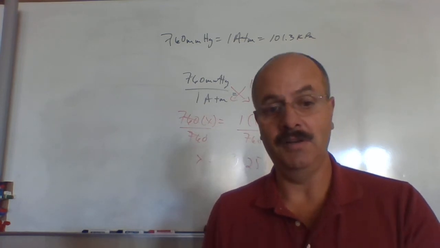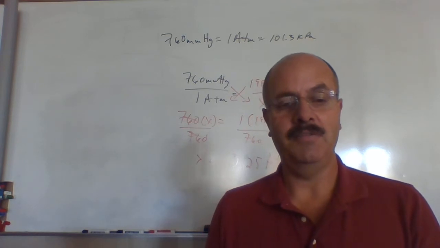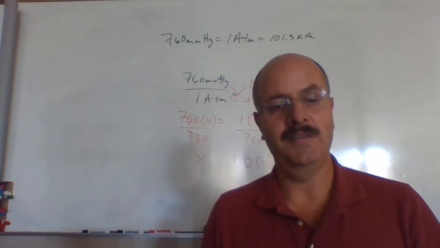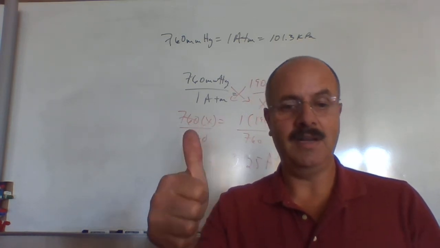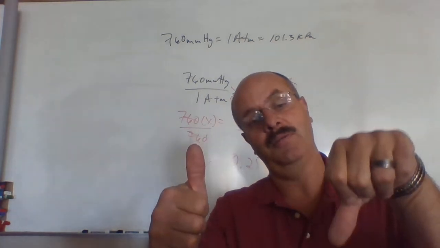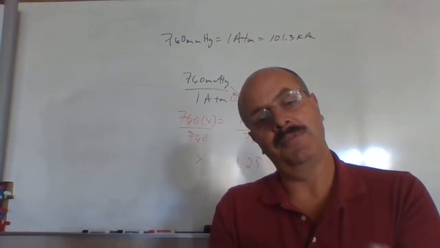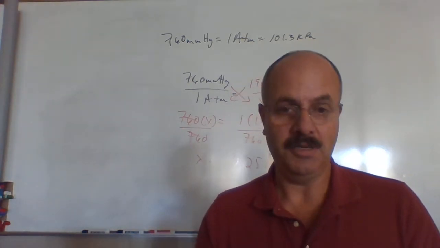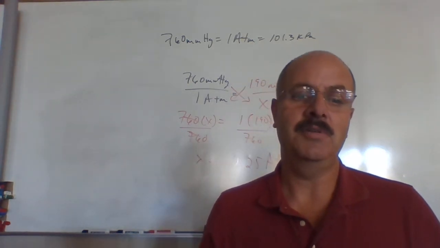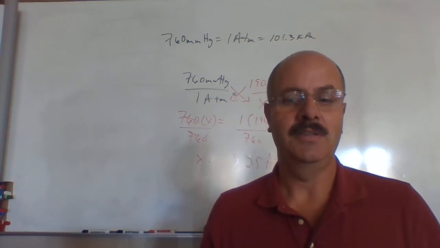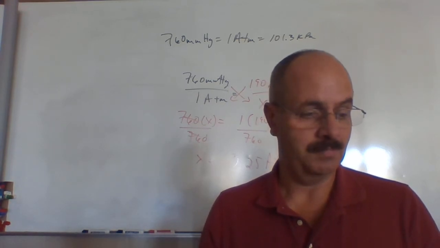I'm sorry, excuse me there for a second. But Kelvin temperature is directly related to kinetic energy. So as I raise the kinetic energy, I raise the Kelvin temperature. As I lower the Kelvin temperature, I lower the kinetic energy until I go all the way down to absolute zero where there's no kinetic energy. So Kelvin temperature is a direct relationship to the amount of kinetic energy in the particles.